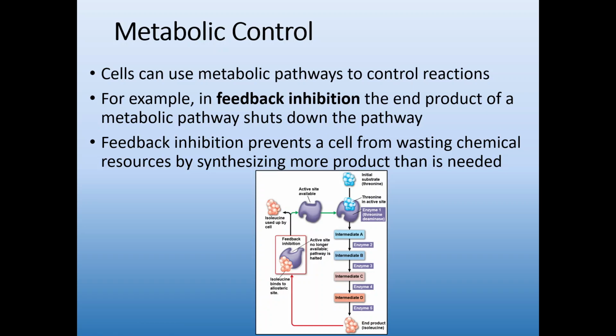That end product, if we have enough of it, the body says we don't need any more right now, will actually bind back to that first enzyme and block the active site. So it's its own self-regulation. This is done so that the cell is not wasting any of its materials. We don't want to make too much of a product if we don't have a need for it. So it's going to make sure that we maintain the correct levels without wasting anything.